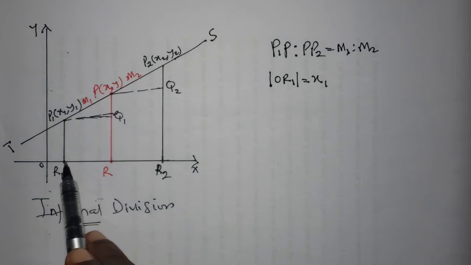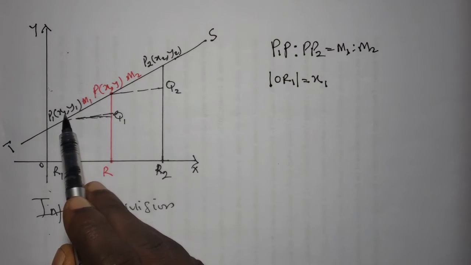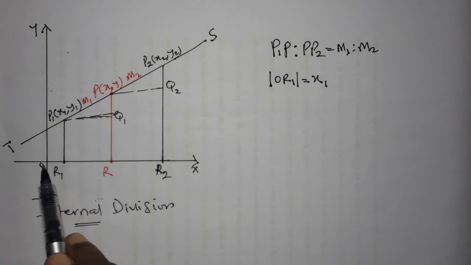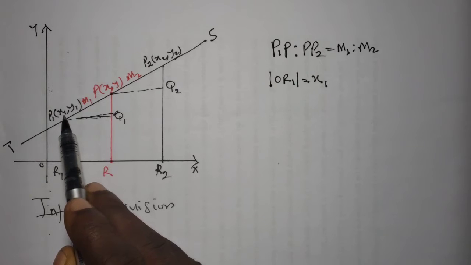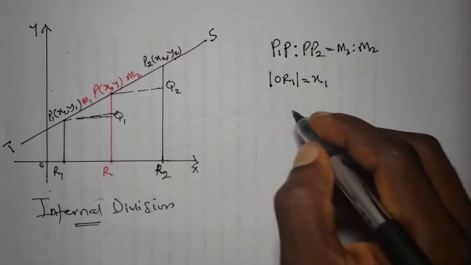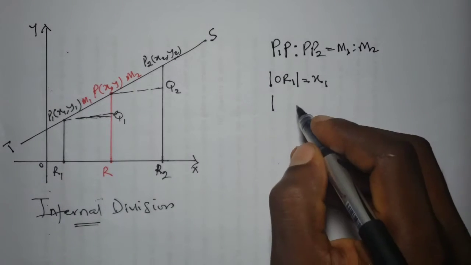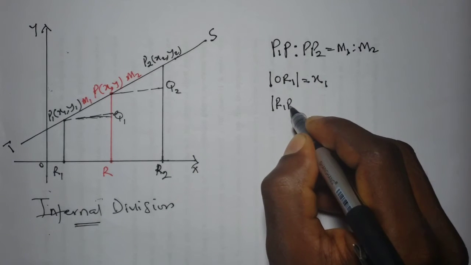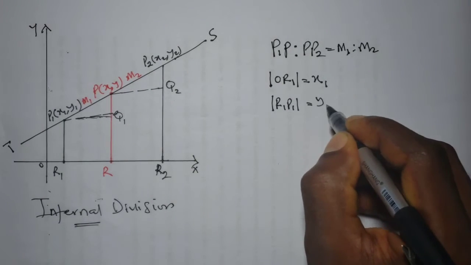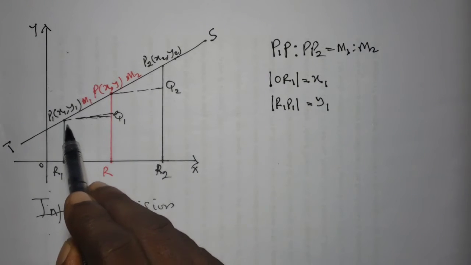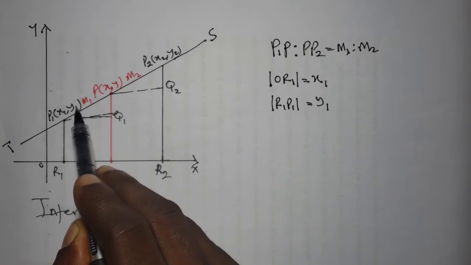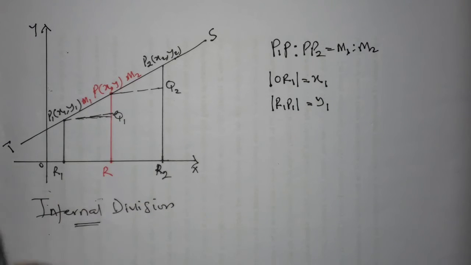This point R1 has x coordinate x1. Also, line R1P1 is equal to y1. That is the y coordinate of this point is y1, and the x coordinate is x1.